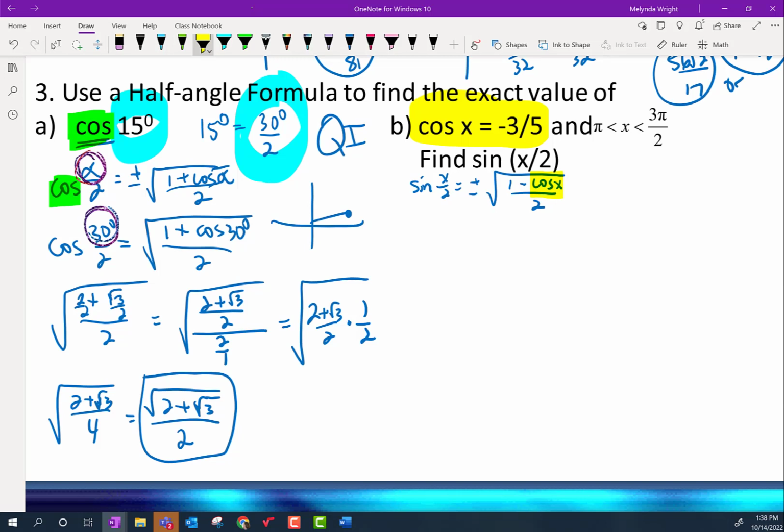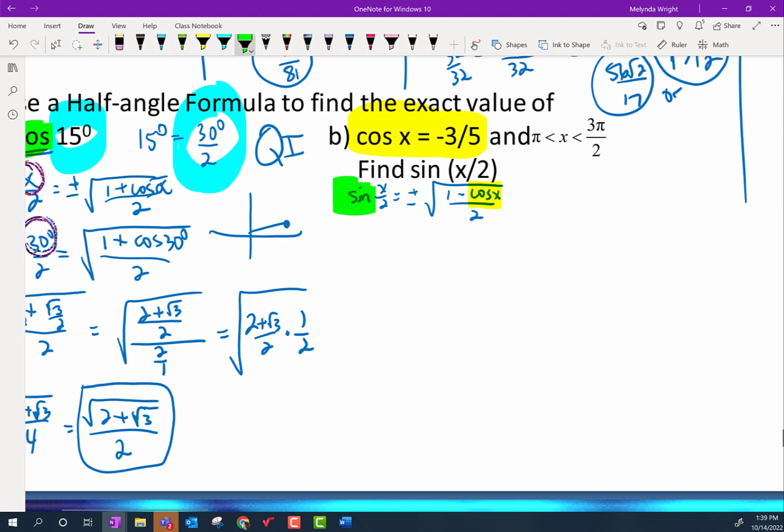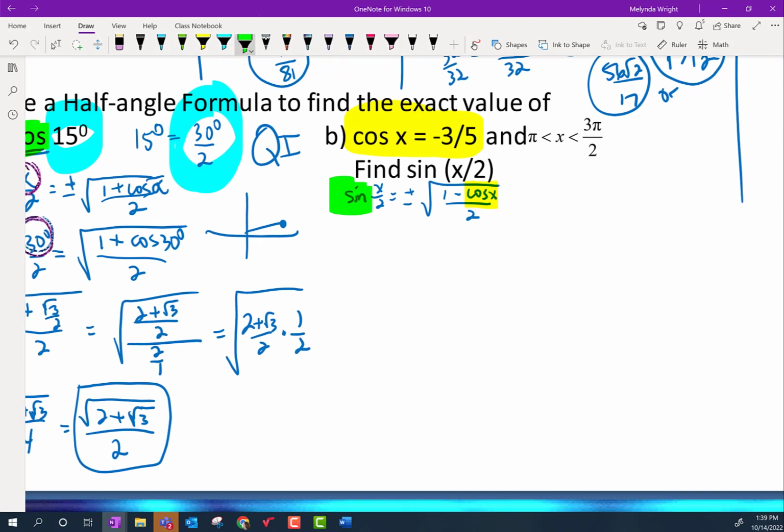Okay, what I don't know is if I'm going to use the positive or negative one. So we have to focus on what we're doing. This is sine, and I need to know where sine is positive and negative. If we look at the way this is written right here, this is for a single angle.